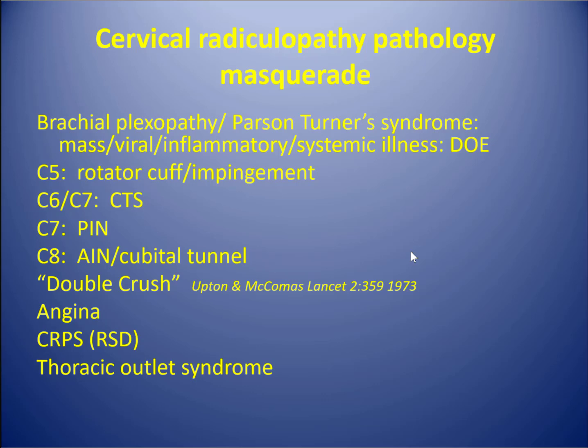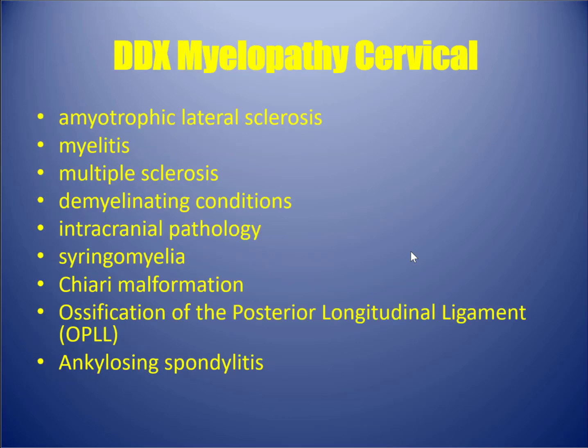But some of this, when you have a simple herniation, they can give you mechanical axial pain. And of course, the biggest masquerader of all is multiple sclerosis. Multiple sclerosis can affect a specific nerve root, particularly myotome. Those are the systemic ones, and those are the ones that always got to be in the back of your head.